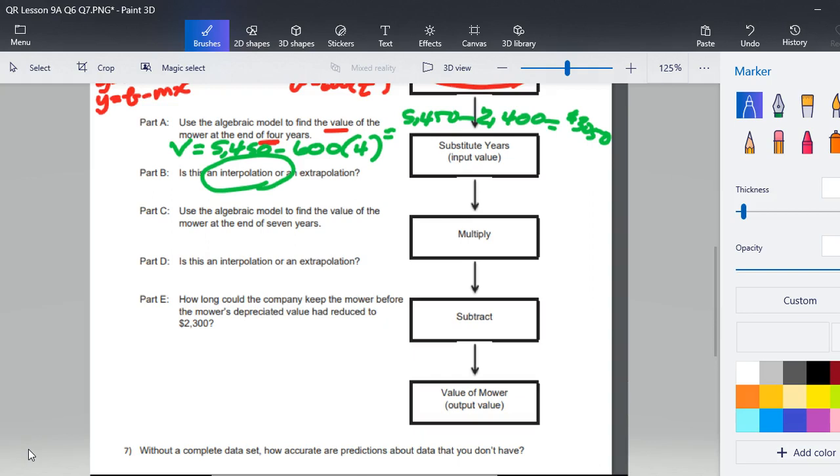Use the algebraic model to find the value of the mower at the end of 7 years.